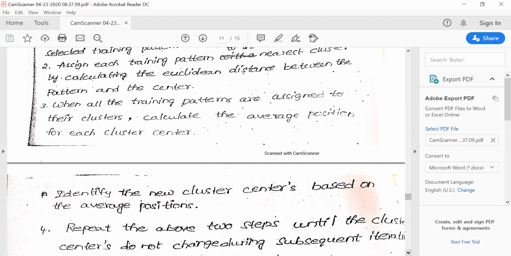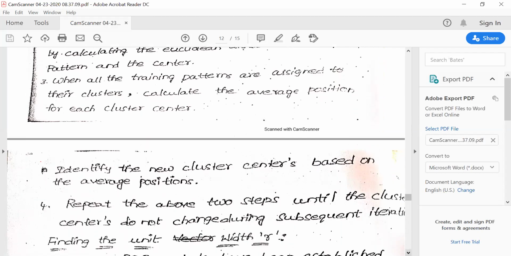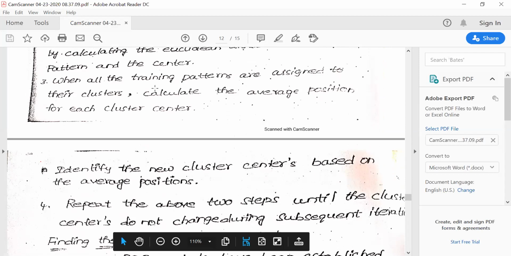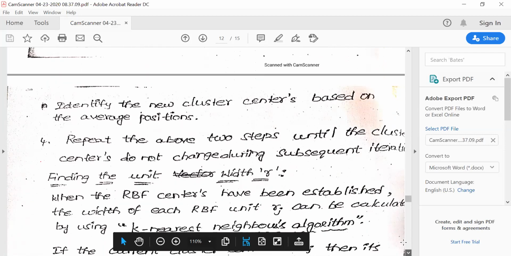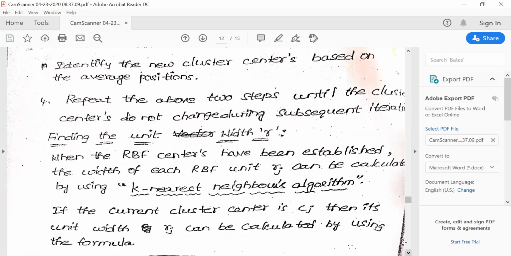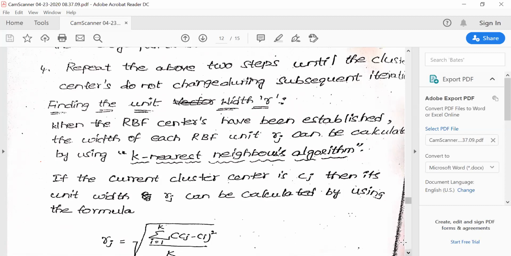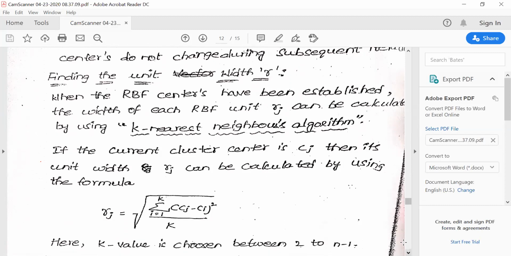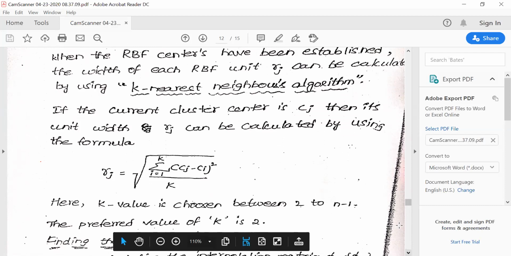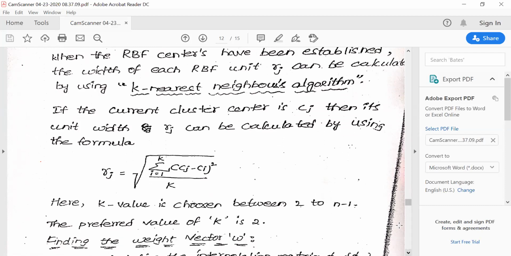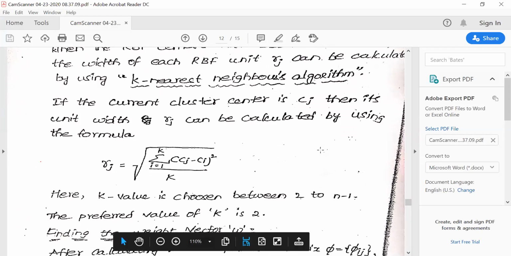If you choose the k-means clustering algorithm, then the number of clusters will be the k. And then for identifying the width R, you need to use the k nearest neighbors algorithm. This we already learned in the second unit. The k nearest neighbors algorithm says how many nearest elements need to be observed for identifying the closest point.